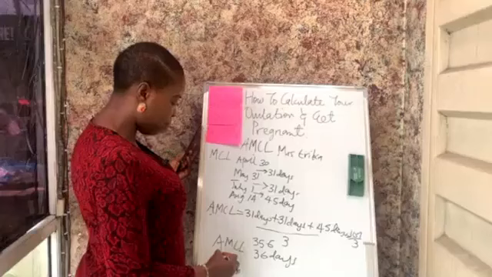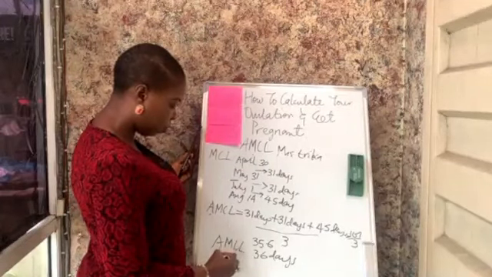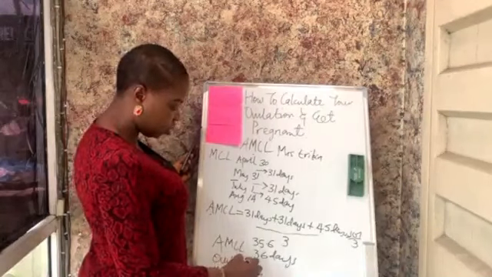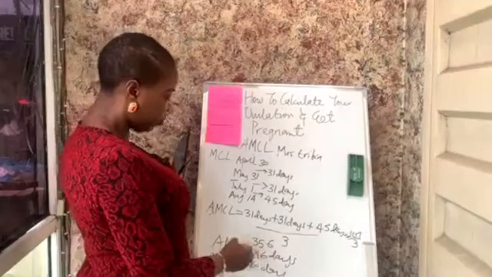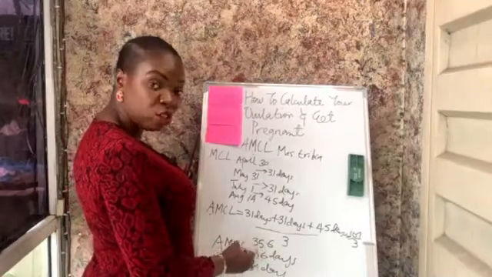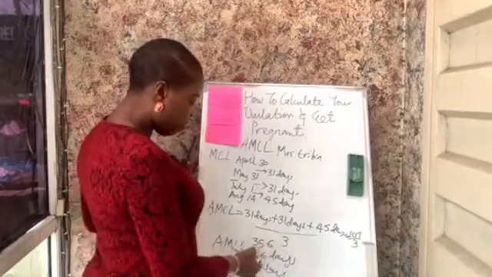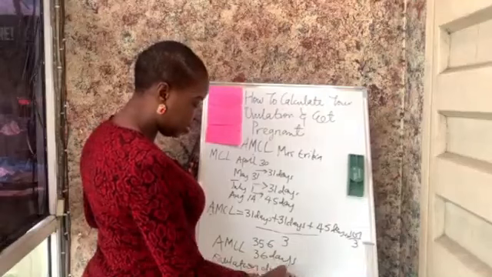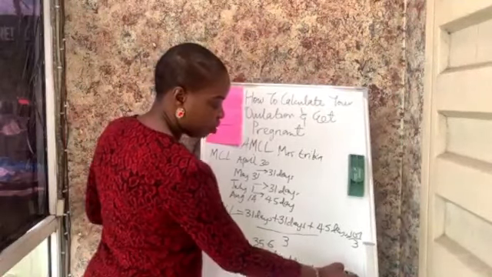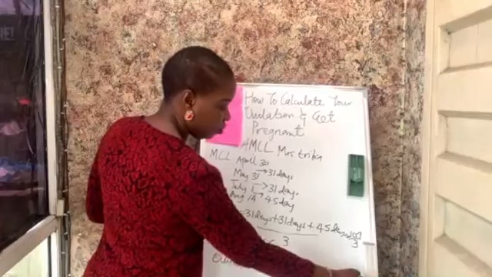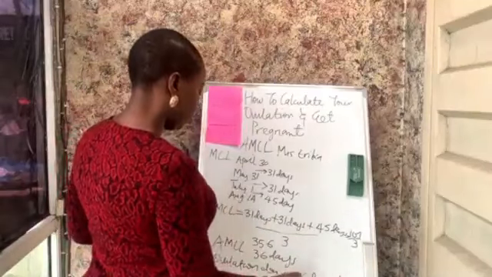So our ovulation day will be AMCL, our average menstrual cycle length, minus 14 days. So we have AMCL as 36 days minus 14 days, which is the ovulation day before the next period.